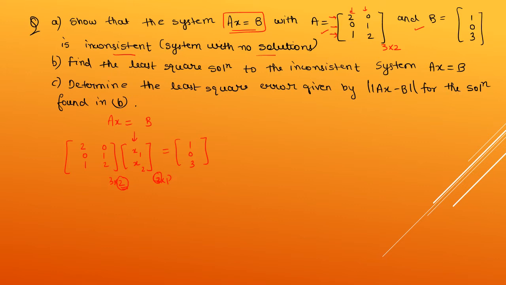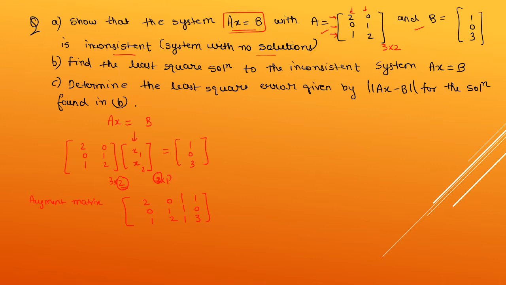You can use any of the methods. Let's create an augmented matrix here. You have the value of A here and then the value of B here, and we are using the Gauss-Jordan method. You have to create an echelon form.